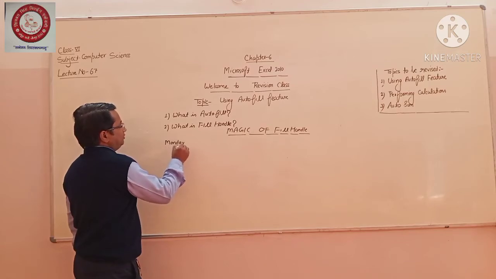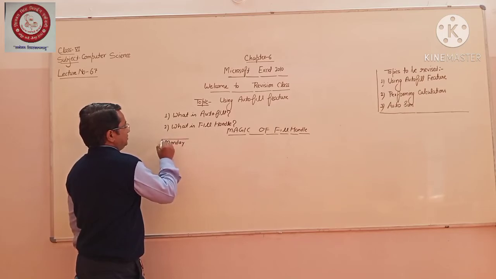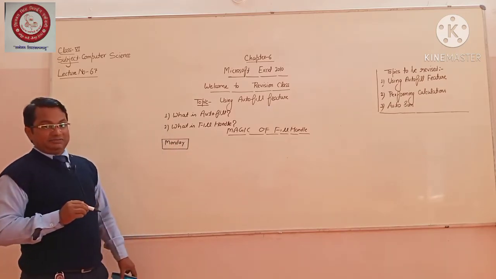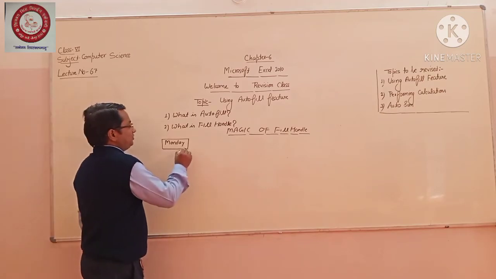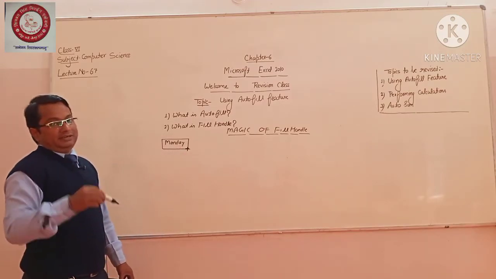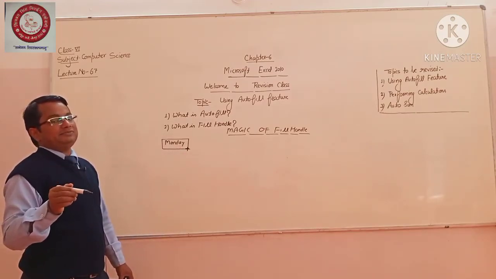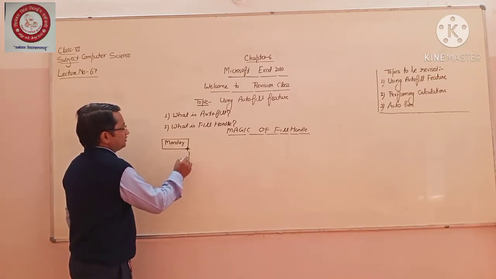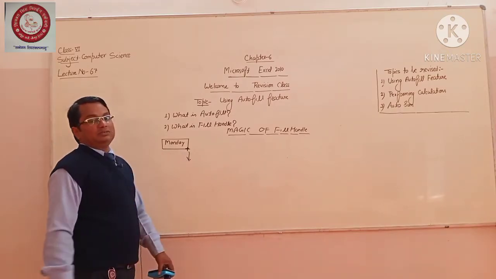In a particular cell you have written Monday, then immediately this becomes your active cell, and this is your fill handle. Now select this and press the left mouse button and drag downwards.